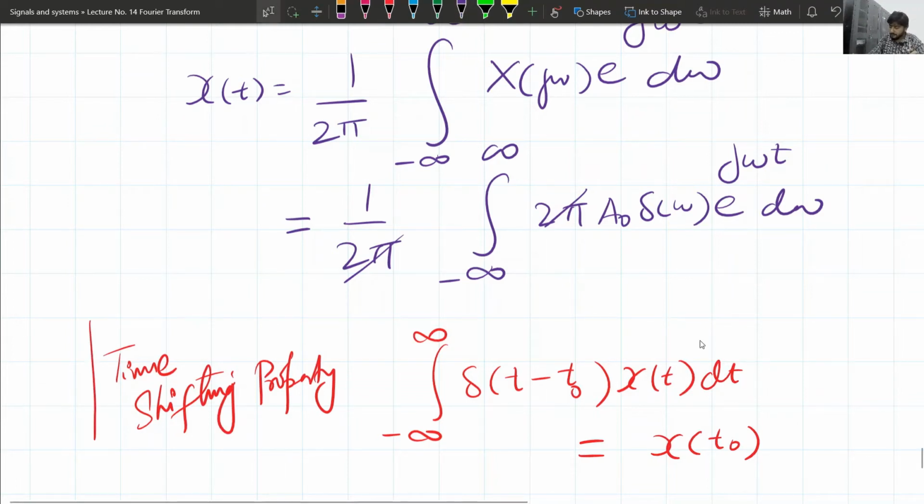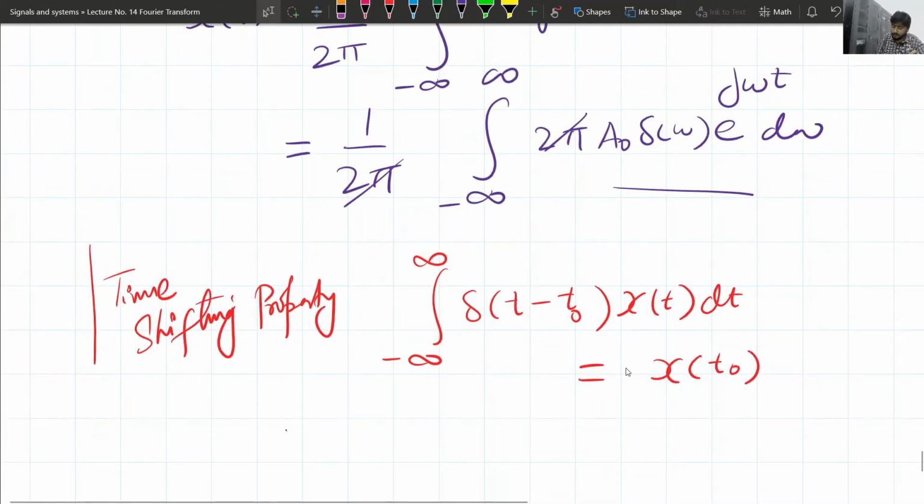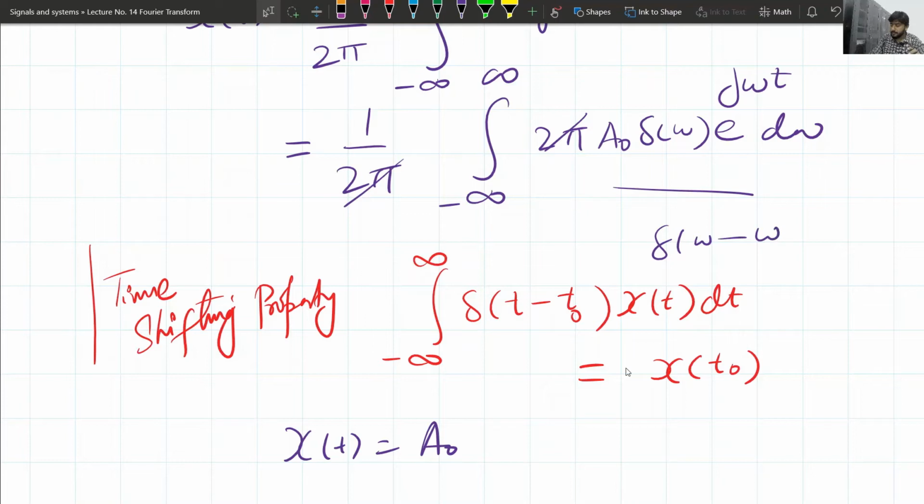In that case, x of t will be simply A naught, because this is del omega minus omega naught, where omega naught is 0 only. If you look at here, this 0 will go to this exponential signal applying this formula.